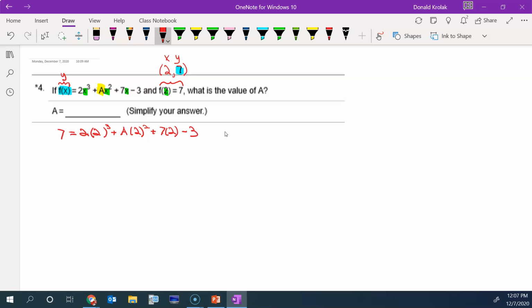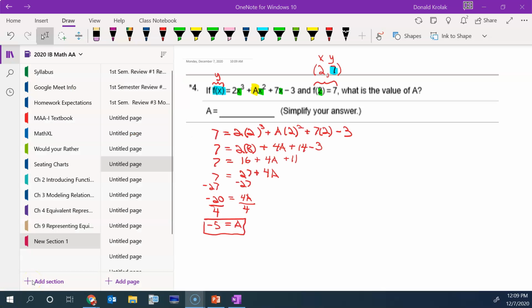And then we're going to work this out, collect our like terms, and then solve for a. Once I multiply this out, collect up my like terms, and solve for a, we get a is -5.